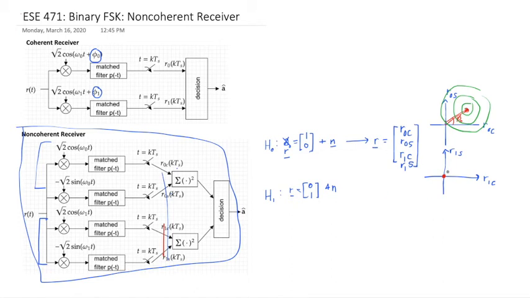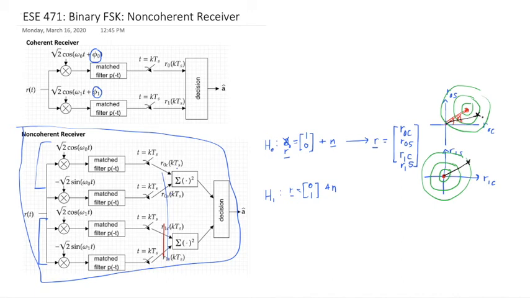It's still going to be Gaussian because the noise is Gaussian, but this bell that sticks out of the whiteboard is centered at 0 at the origin. We're going to get some point in this 4-dimensional space, and we have to decide which frequency was sent by figuring out how far away our measurement is from the origin.